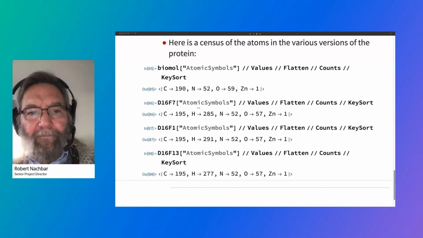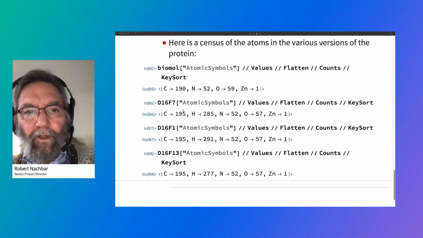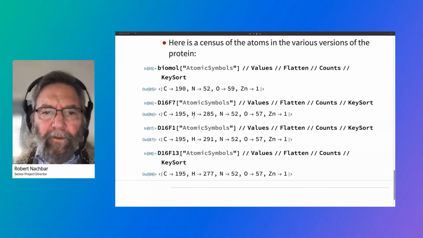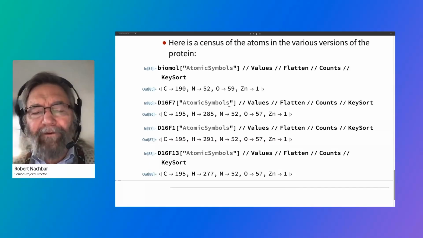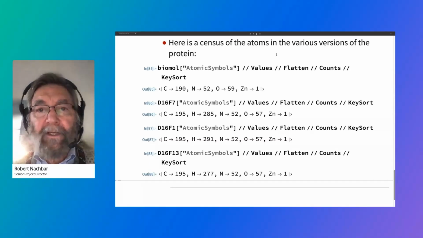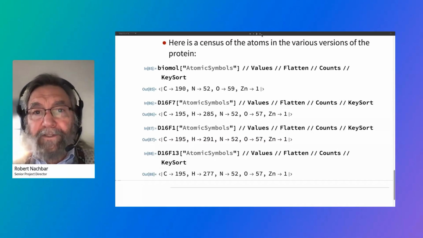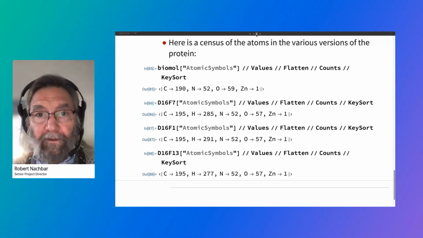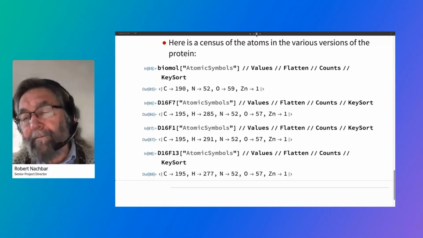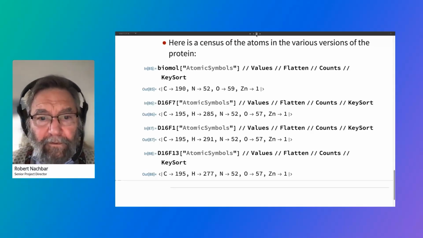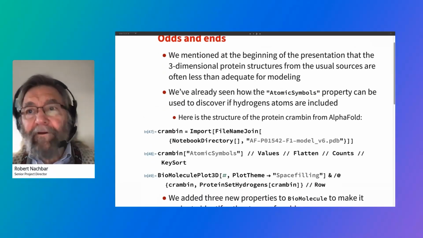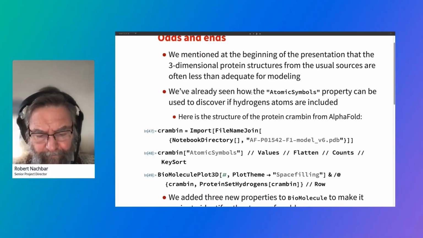So this method works very nicely for studying the appropriate number of hydrogens based on the pH, as well as supplying any that were not present in the experimental structure or the folded structure from AlphaFold, for example. Okay, a few odds and ends that I mentioned.